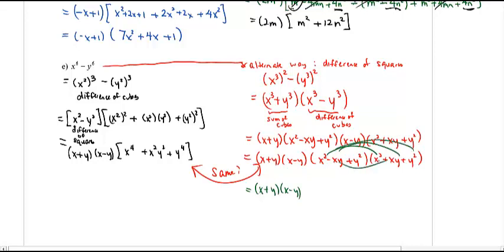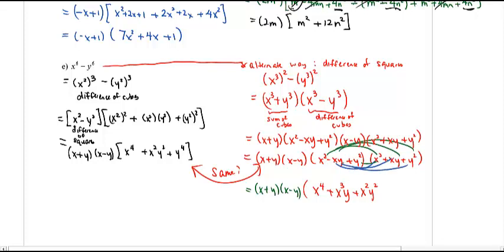We're going to distribute. Watch as I distribute. The first term, x squared, gets distributed into all three of those next ones. So x to the power of 4 plus x cubed y plus x squared y squared. Then the middle term gets distributed into all those three.